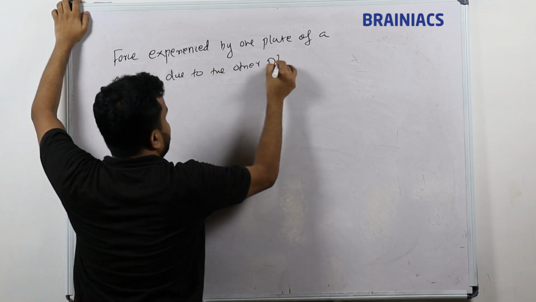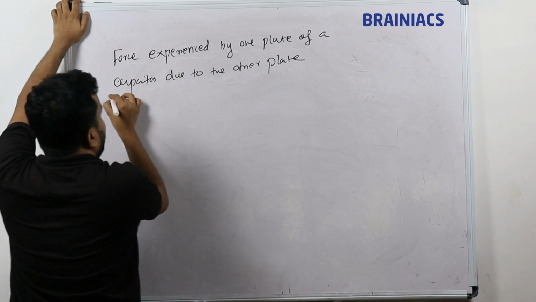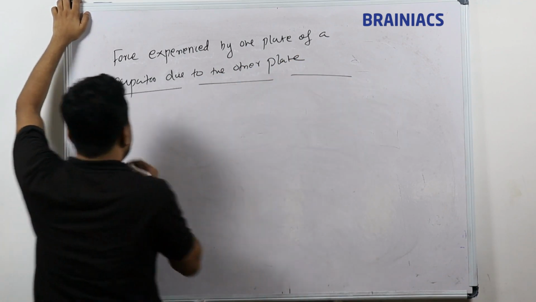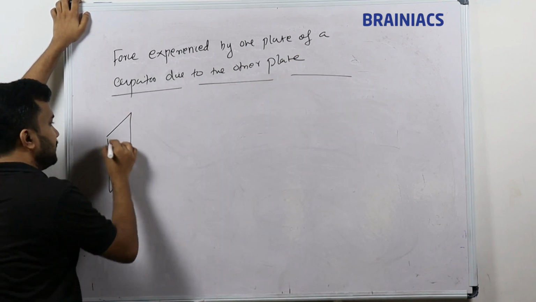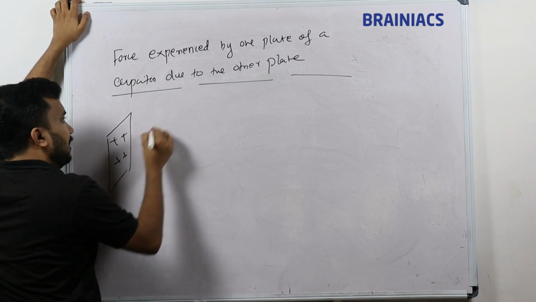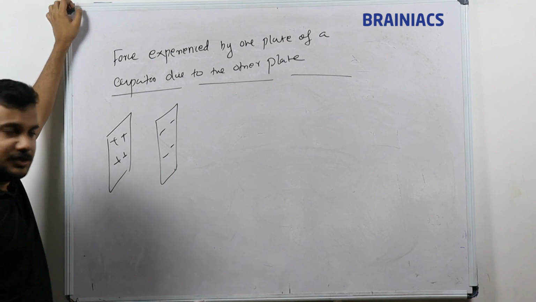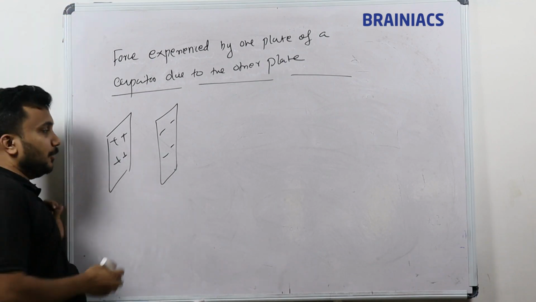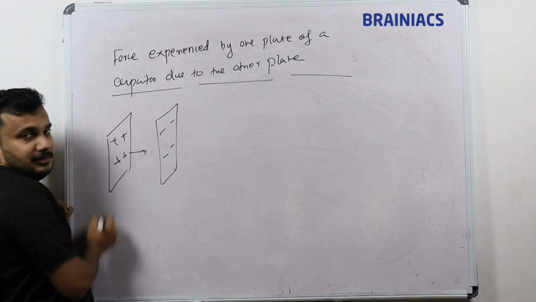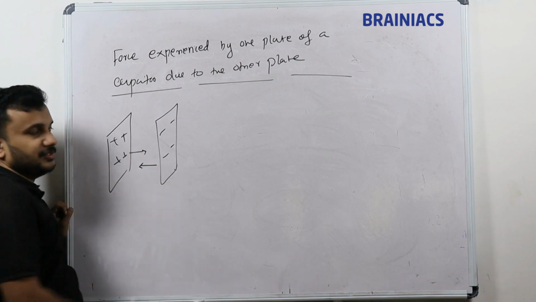Write the heading: force exerted or experienced by one plate of a capacitor due to the other plate. We have parallel plates, one positive and the other negative. The positive plate will be attracted towards the negative plate, and the negative plate will be attracted towards the positive plate.